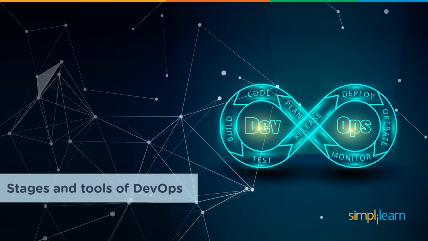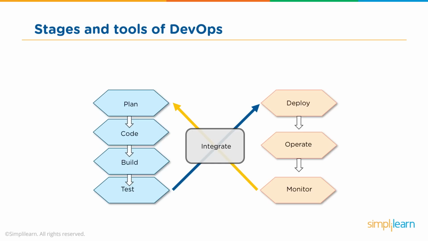So let's talk a little bit about the stages and tools that are within DevOps. You'll see at the center of our diagram here that integration is key for all the work we do. So typically with development, you have planning, coding, building, and then testing. And then within operations, you have deployment, operations, and monitoring. With DevOps, the question is how can we provide the tools that allow these two worlds to coexist with each other.